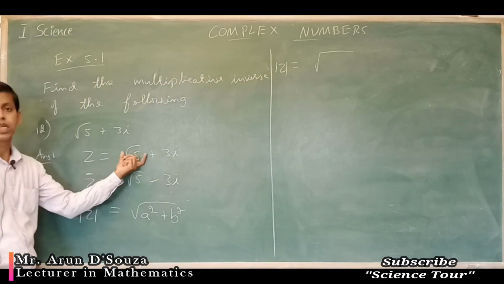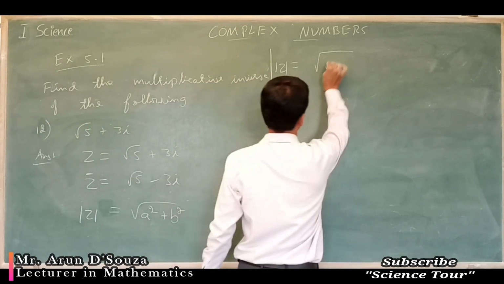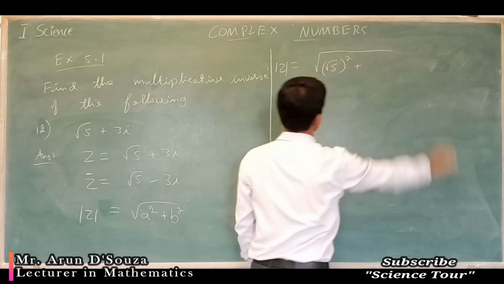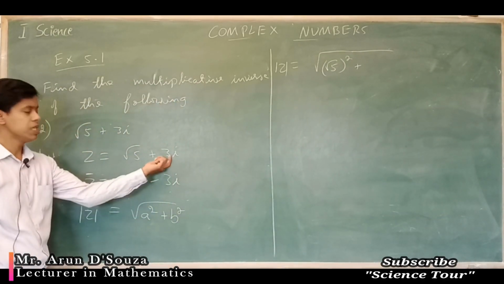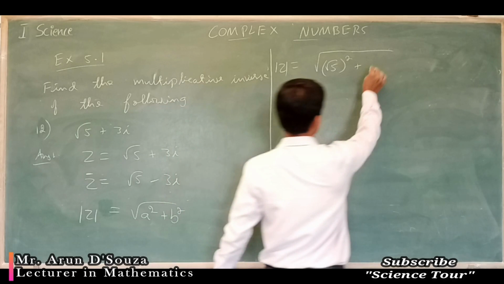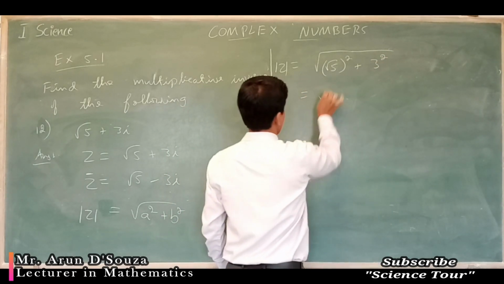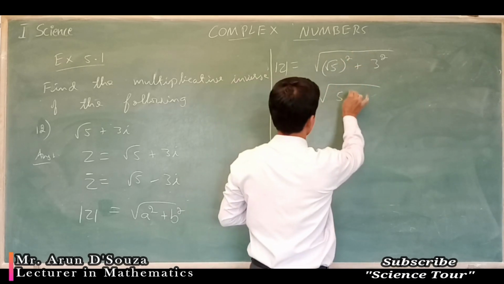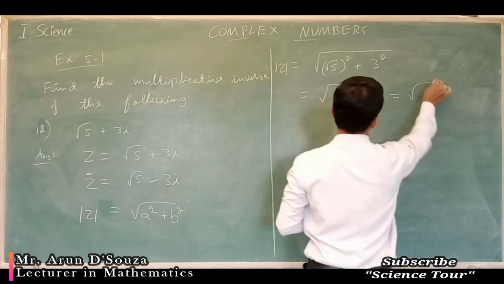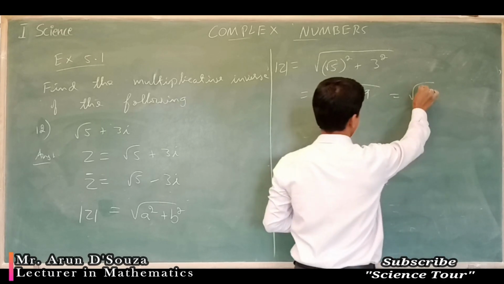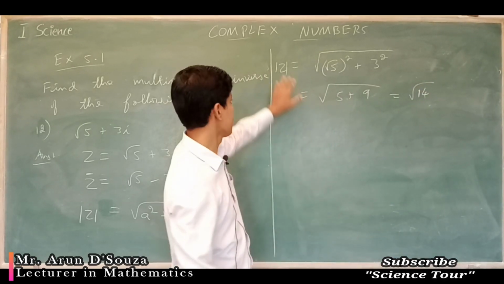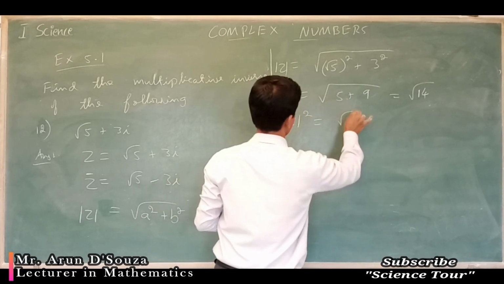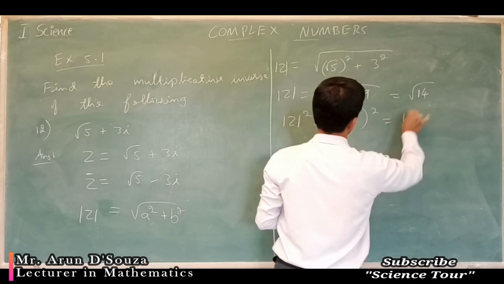So a is root 5, plus, now what is b? b is 3. So that is squared. Now root 5 square, that is root 5 into root 5, that is 5, plus 9. So that is root 14, and that is mod Z. Now what is mod Z square? Root 14 square, which is 14.